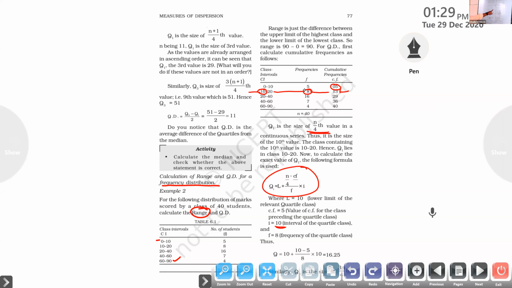And we apply these values in the equation. Q1 is equal to L, 10, plus N by 4, 40 divided by 4, 10, minus CF, 5, just above the 13 of the quartile class, divided by F, the frequency of the quartile class, 8, into I, the class interval of the quartile class, 10.